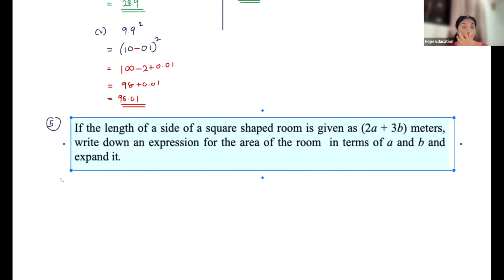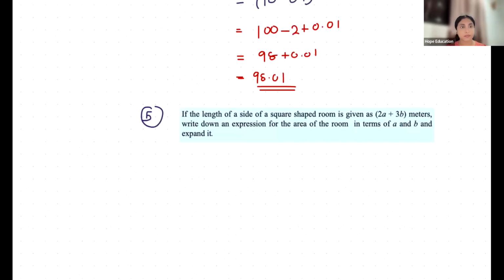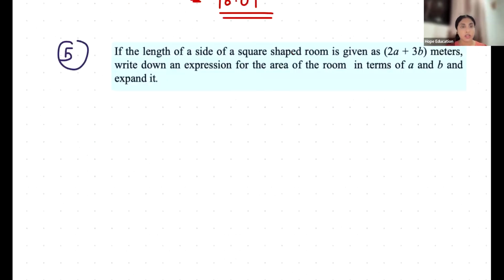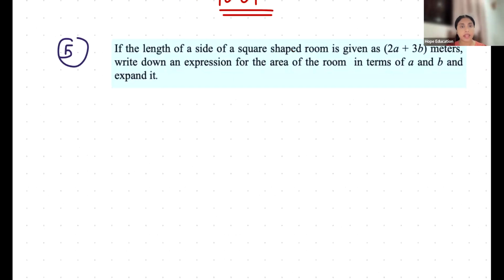So we have a square, no? We have a square-shaped room. So that would be something like this. A square. I don't really have to draw it. I'm pretty sure you did this question correctly.